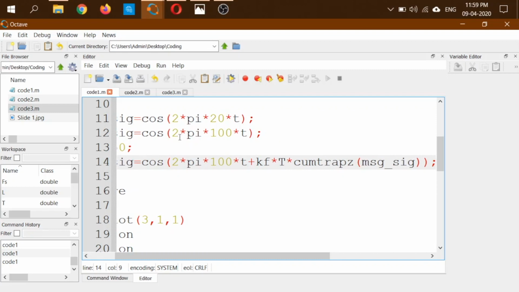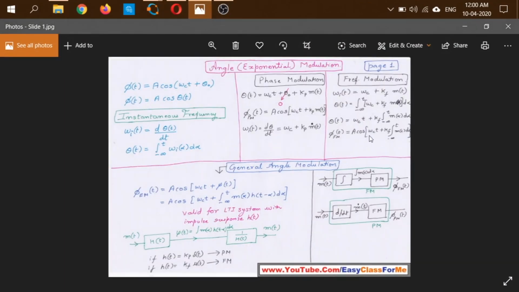So this was your carrier signal, this frequency is 100, so this is cos 2 pi ft, that portion, plus kf. This is kf, and this particular thing, t into cumulative trapezoidal integration of the message signal, this portion which is highlighted in blue, implements this particular thing, kf integration from minus infinity to t of m(alpha) d alpha.